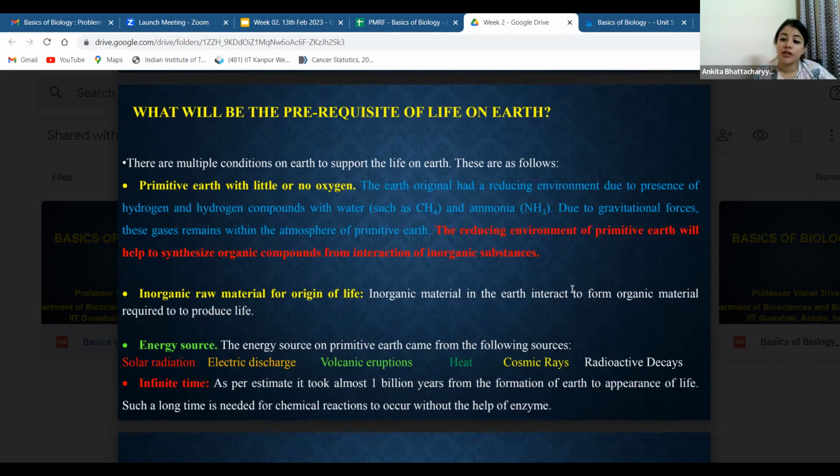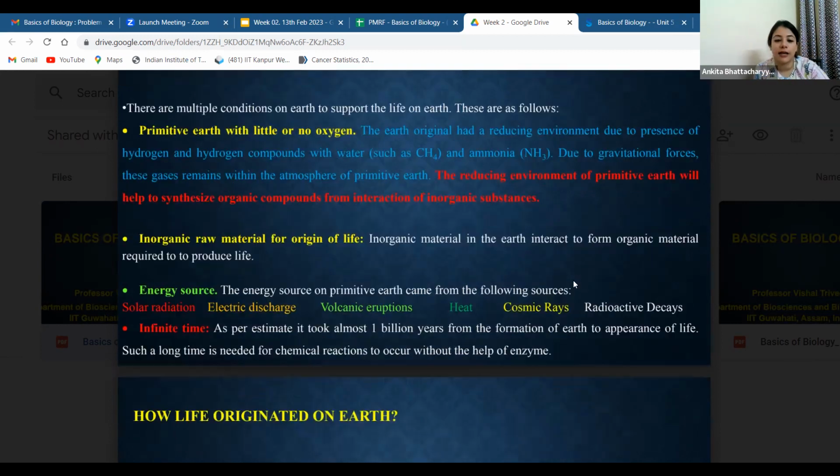That gave birth to the idea that organic materials are formed from inorganic materials. Then came the inorganic raw material, and the energy source like thunder, lightning, solar radiation, or other electrical discharge. Also, infinite time was believed to be required because there were no enzymes as such, and enzymes are proteins. If there is no life, where are proteins coming from? Approximately a billion years would be required for the same.